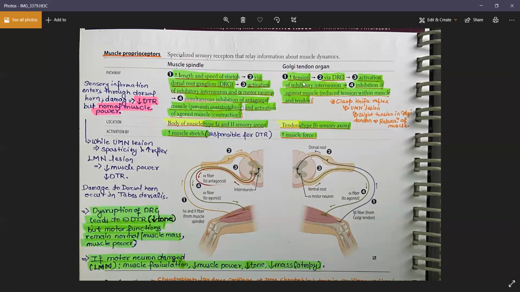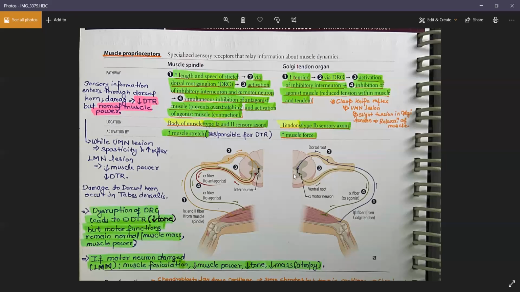How does my muscle know about it? It is because of tension. Whenever I lift a heavy weight, the tension in my muscles will increase, and when this tension reaches a certain limit, the Golgi tendon organs will get activated. They will transmit the information via the dorsal root ganglion and then to the dorsal horn, and they will activate the Renshaw cells again.